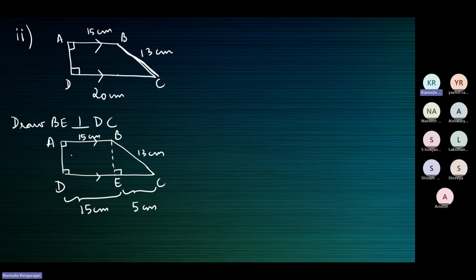ABED is a rectangle. So opposite sides are equal. AB is 15 centimeters, so DE also will be 15.